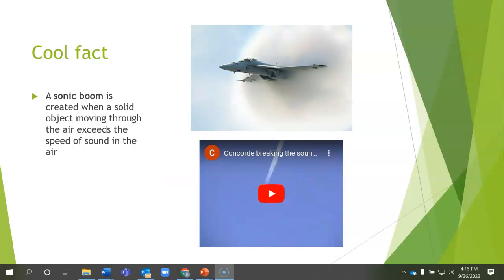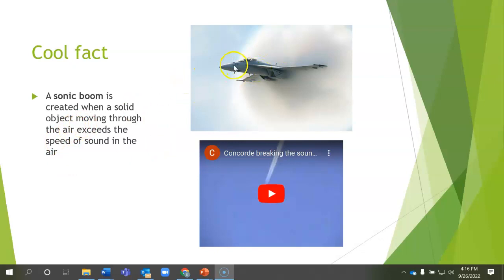A cool fact, you don't need to know this, it's just a cool fact, and if you ever are watching the Navy Blue Angel flyers or any of the military jets, they can create a sonic boom. A sonic boom happens when a solid object, such as a plane, is traveling through the air, and it's traveling faster than the speed of sound.